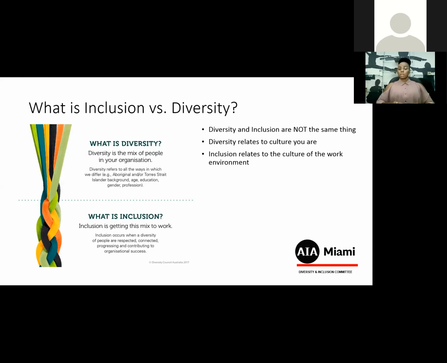So it's important to understand diversity is based on culture as well as race. Different cultures, different races, that equals diversity. But when you take that a step further, then you go into inclusion. And that means those different genders, those different cultures now come to work together.